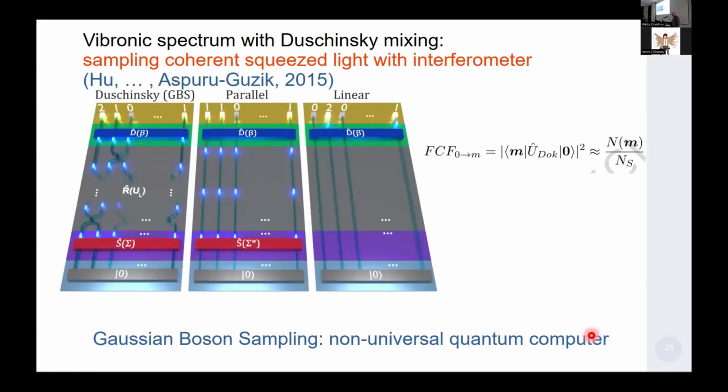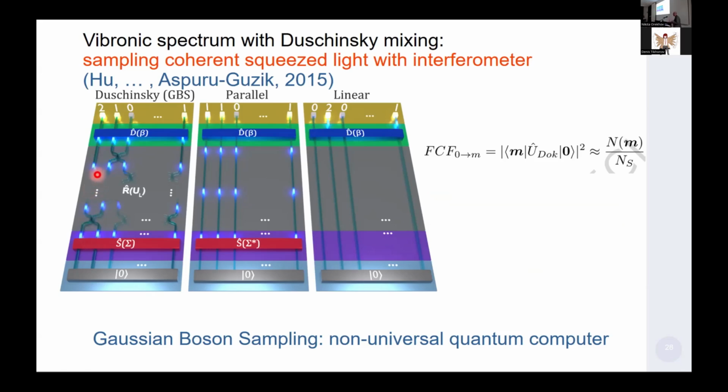Which is not yet all, because we actually want to implement the Duschinsky rotation. And this is here on the left. This is vacuum, squeezing, displacement, and in between we have an interferometer, which mixes the modes. So remember Doktorov's operator, three steps, they're here.